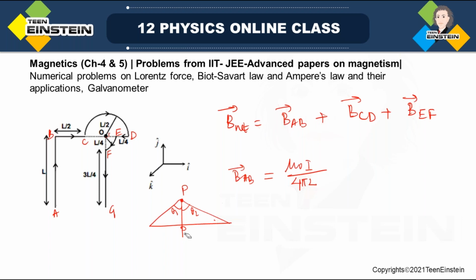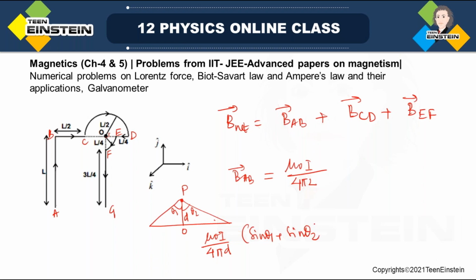And this is the point O. See these angles, if this distance is D, then we write the magnetic field for this as mu0 I by 4 pi D into sine of theta 1 plus sine of theta 2.